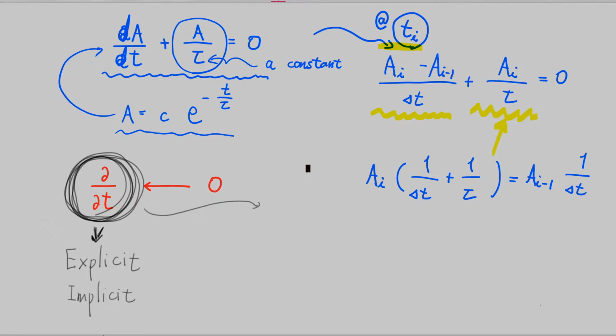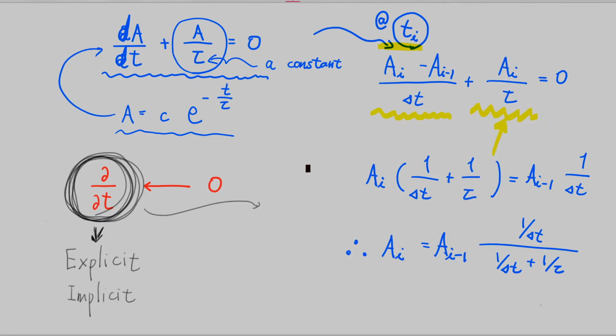So from this one, A evaluated at time t sub i is simply given by A sub i minus 1 multiplied by (1 over delta t) over (1 over delta t plus 1 over tau). You know that delta t and tau are assumed to be positive quantities.